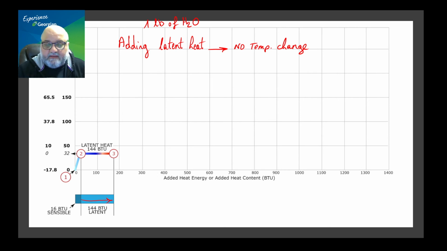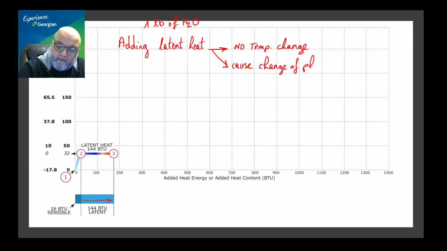There is no way to detect that heat being added except for its second effect, which is to cause a change of phase. As simple as that. It is the opposite of sensible heat. Sensible heat is heat we can sense, or at least our thermometers can sense. It causes delta T, temperature change.